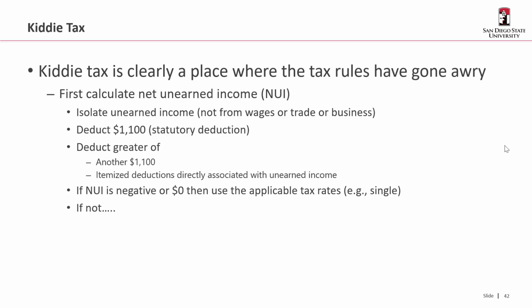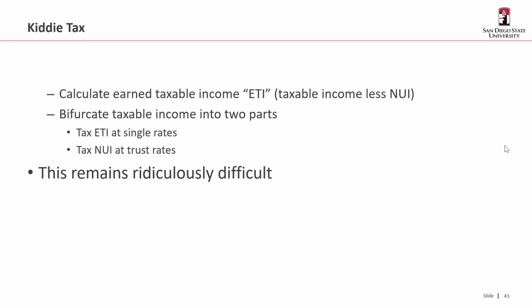So if net unearned income is negative or zero, then you just default to the regular tax rates. Because, of course, the idea is, oh, wait, they don't have any net unearned income. We don't need to worry about taxing it at any special rates. It's just too small. If not, then what we do is we calculate earned taxable income. So that's taxable income less net unearned income.